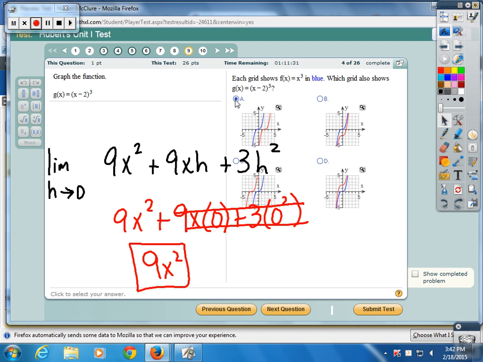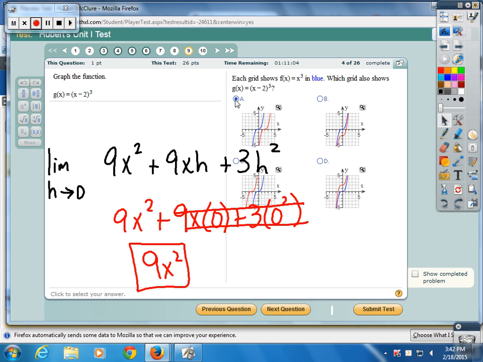Why is it not these? This one has a vertical shift. See, the original, here's the original right here in blue. The red is what's moving. You know from your parent graphs that x cubed is going through what? Going through the origin.